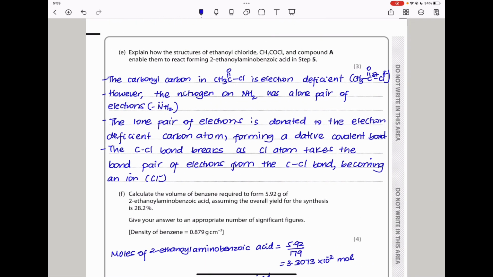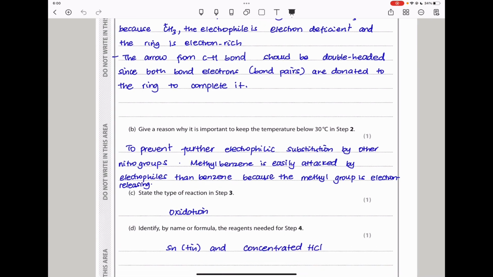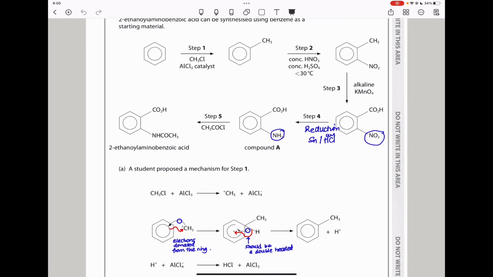Moving on. Here they say explain how the structures of ethanoyl chloride and compound A enable them to react, forming 2-ethanamidobenzoic acid in step 5. Let us go back here. They are looking at how that and that are going to react in order to produce the final product. If you look at this compound here, it's CH3COCl.